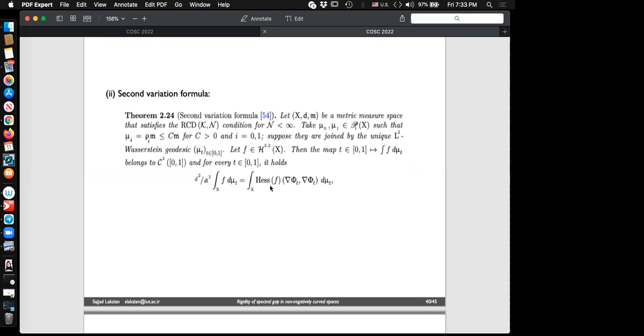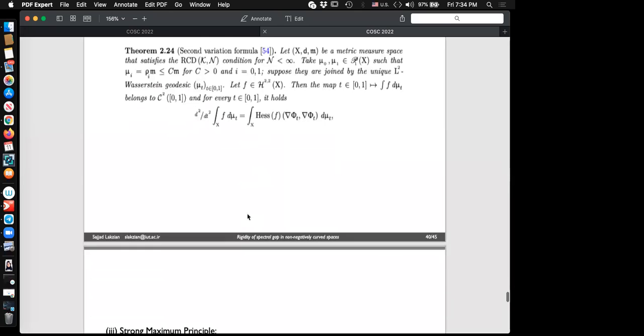From the causal formula, we can get a non-local formula for the Hessian. You can define the Hessian in the same way, but to say that it actually is an object that you can work with is again a very delicate matter, which goes to the work of Gigli, who developed these differential geometry objects in the RCD setting.